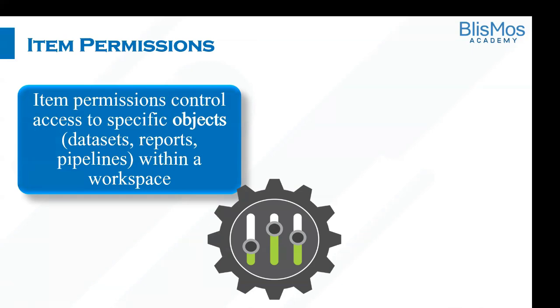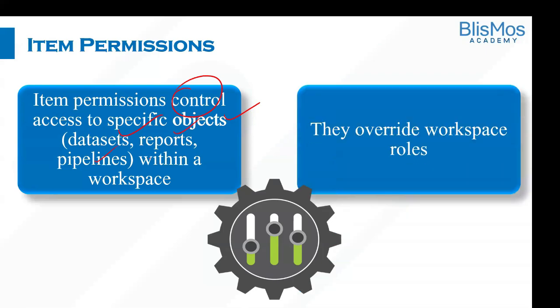And even though we define the roles at the workspace, we can also define the permissions and roles at the item level as well. Item permissions control the access to different objects like datasets, reports, pipelines within the workspace. And a very important aspect is that item permissions override the workspace role.